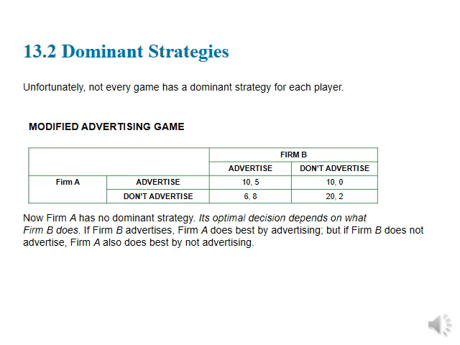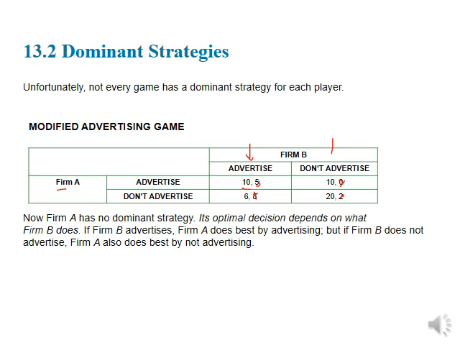So let's look at that advertising game again, but I've changed the payoffs around a little bit. Let's still look at Firm A. So I'm going to X out Firm B's choices. If Firm B chooses to advertise, Firm A also wants to advertise. 10 is more than 6.